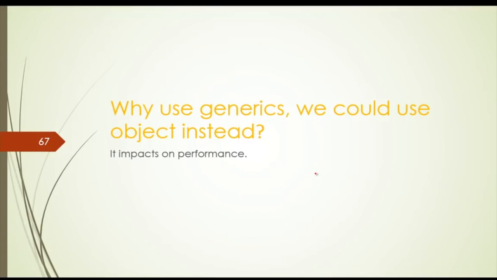And generics come for the performance impacts. It really makes a huge difference on performance when it comes to working with maybe 2,000 or 10,000 data. So try this example.